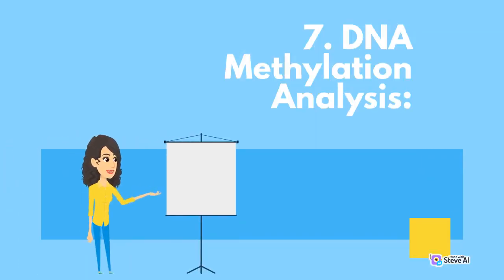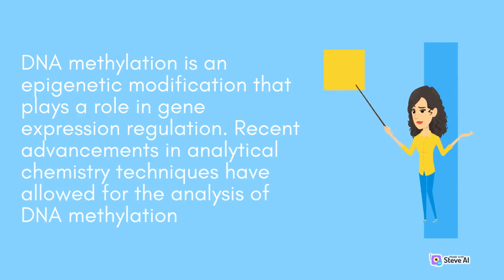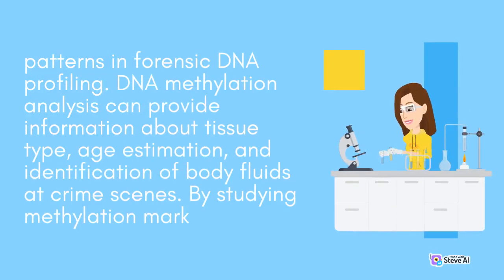7. DNA methylation analysis. DNA methylation is an epigenetic modification that plays a role in gene expression regulation. Recent advancements in analytical chemistry techniques have allowed for the analysis of DNA methylation patterns in forensic DNA profiling.